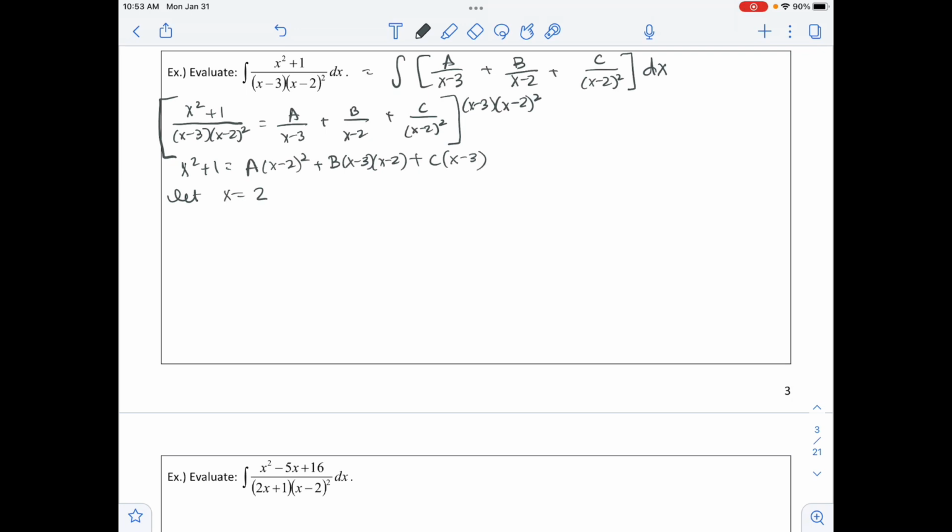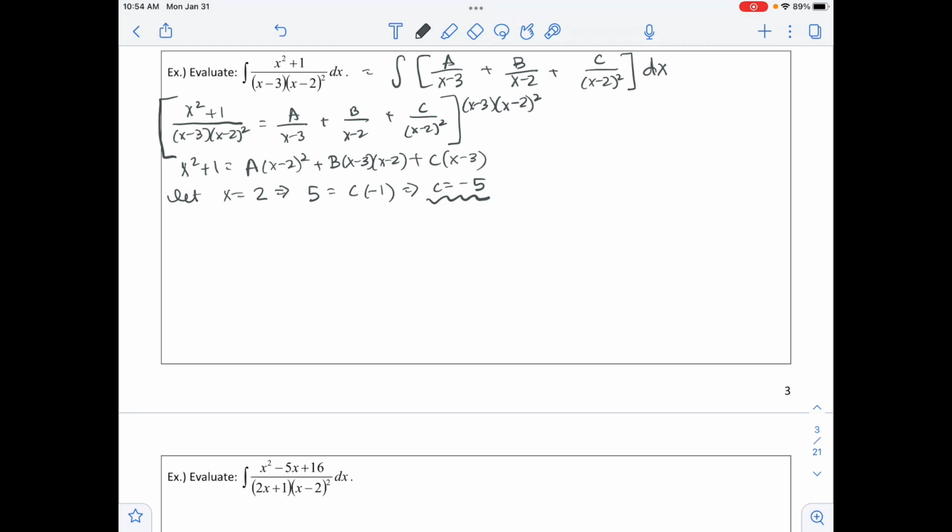So I'm going to end up with x squared plus 1, which is 2 squared plus 1, would be 5, equals a times 0 plus b times 0, since 2 minus 2 is 0, plus c times 2 minus 3, which is negative 1. And so this is going to mean that c is equal to negative 5.